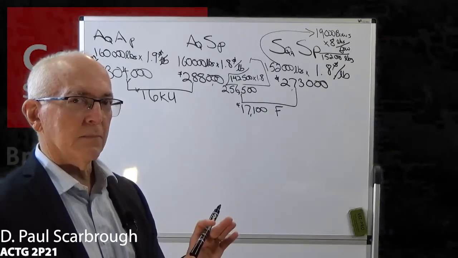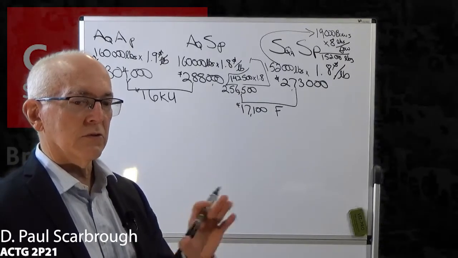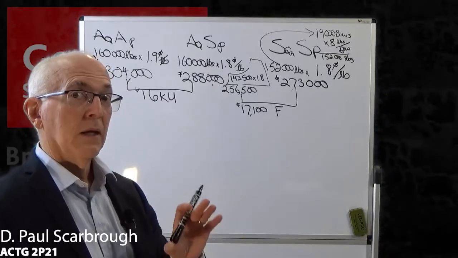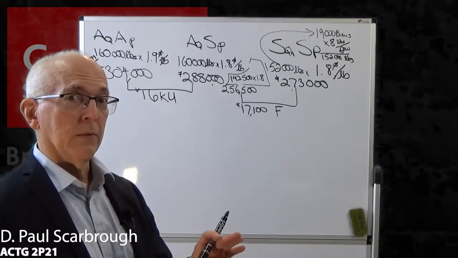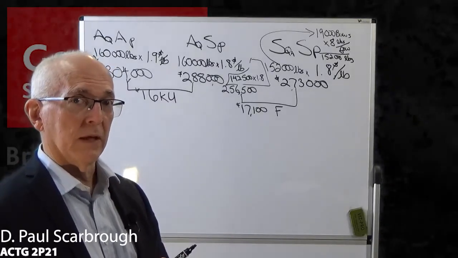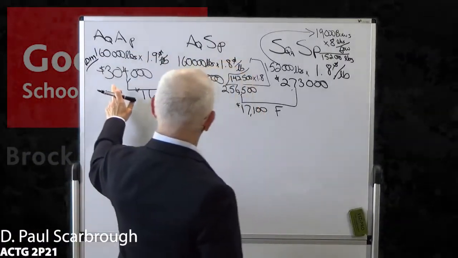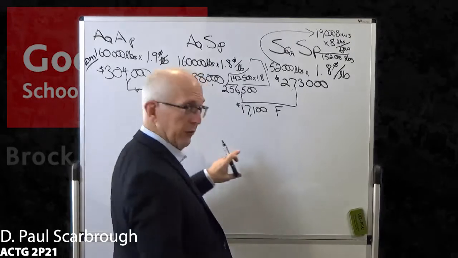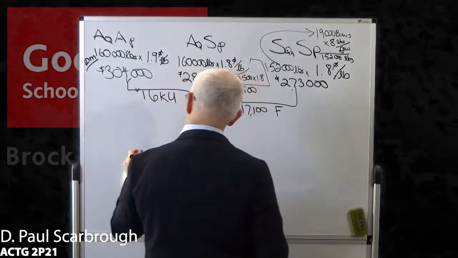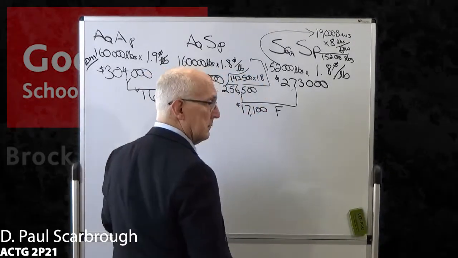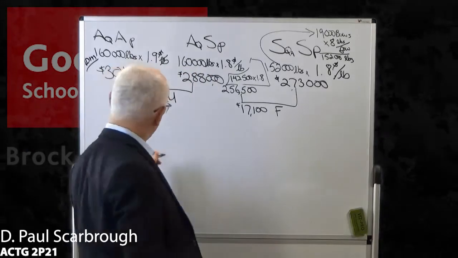Pause the video, this will stretch your accounting brain out. What's our accounts payable based on the information that we have? Okay? And that is 304. It's what we promised to pay. So we know that we're going to have a journal entry that's going to say credit accounts payable 304.